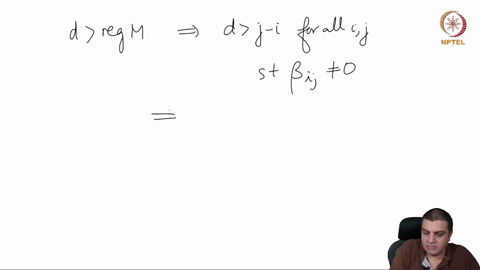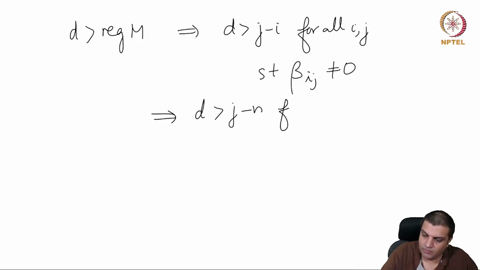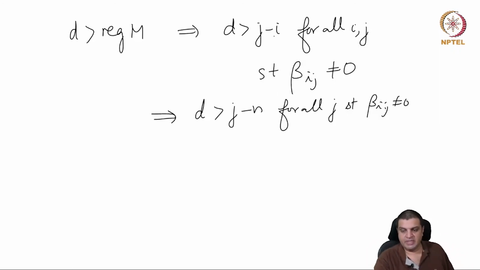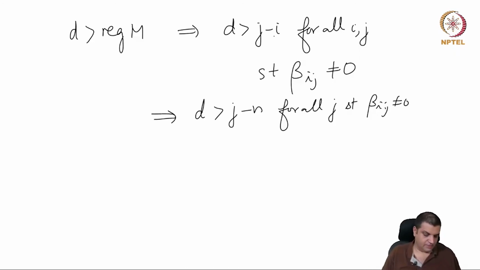Which in particular implies, since the maximum value of I is n, that D is greater than J minus n for all J such that beta Ij is not 0. I mean, J minus I is bigger than J minus n. So we get this condition. Okay. So now what does that say?